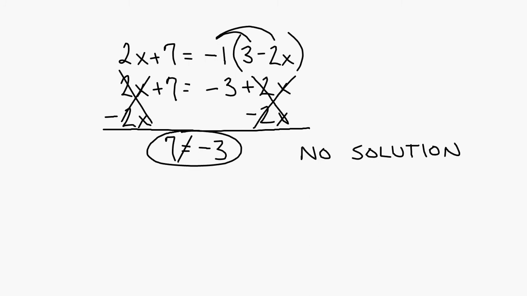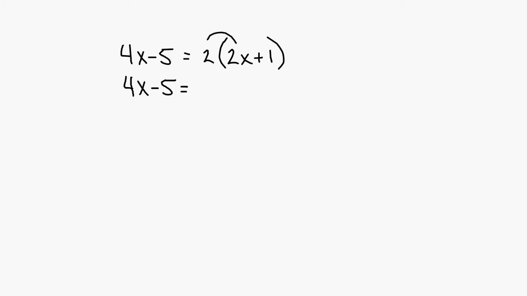So I'm going to do one more of those. 4x minus 5 is equal to 2 times 2x plus 1. If you rewrite the left-hand side of the equation, and on the right-hand side you do the distributive property, 2 times 2x is 4x, and 2 times 1 is positive 2.